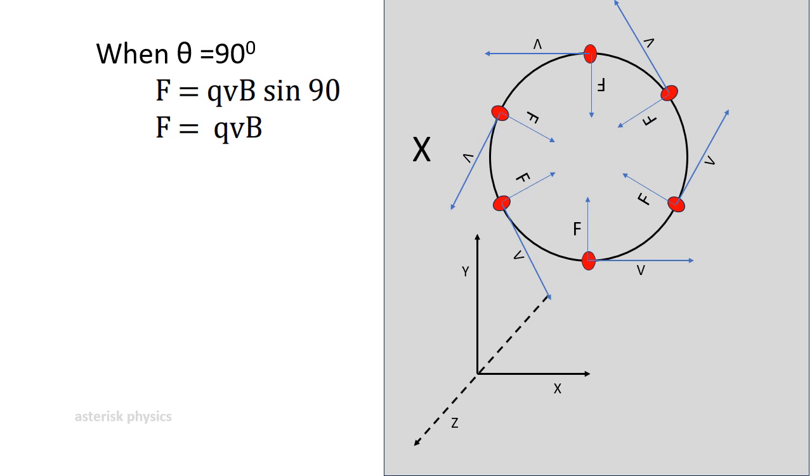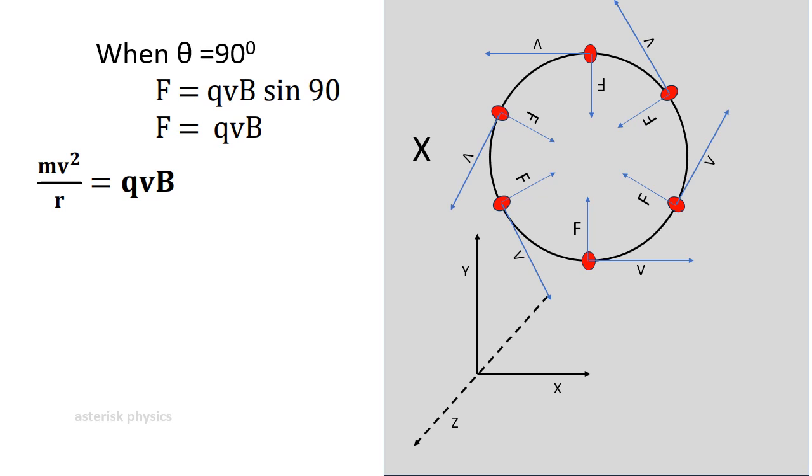Here, the necessary centripetal force for the circular motion is provided by the magnetic Lorentz force. If we have a particle of mass m with a velocity v moving along the circumference of a circle having radius r, then the necessary centripetal force for it is mv squared by r. Here this mv squared by r is provided by the magnetic Lorentz force qvB.